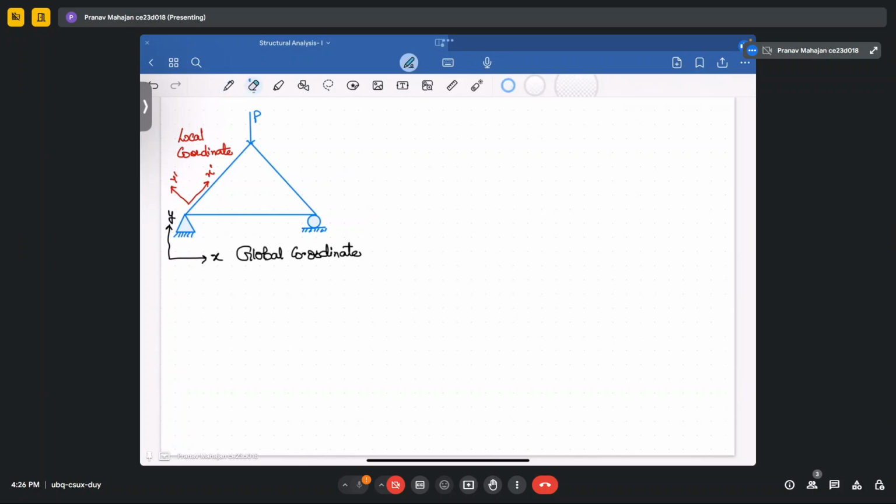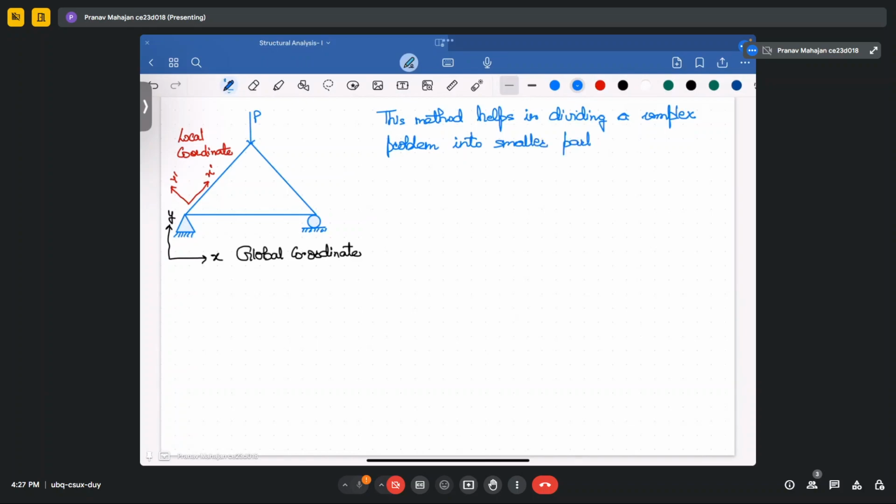So the main purpose of this is that the matrix method helps you to divide a whole complex problem into smaller problems, which you can solve and then assemble them.